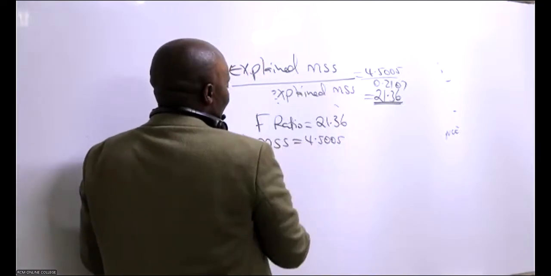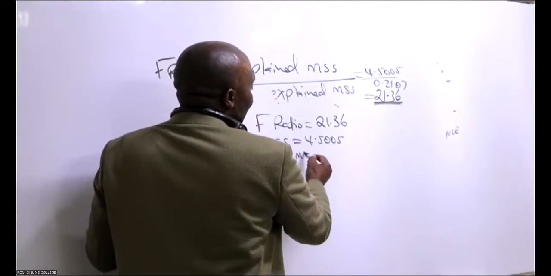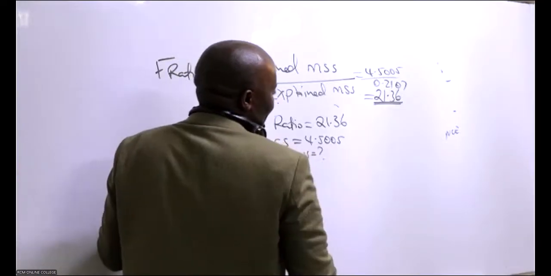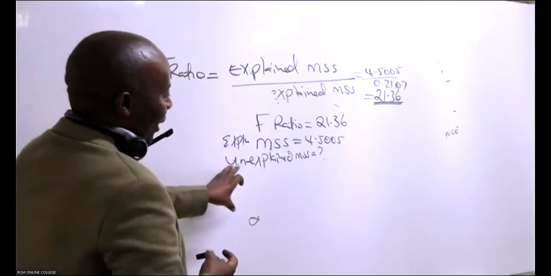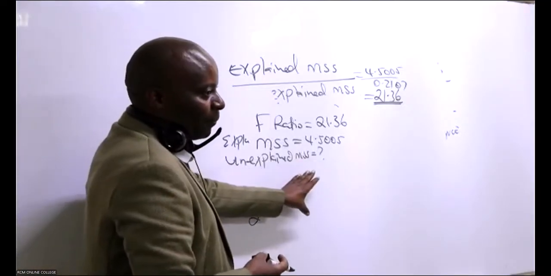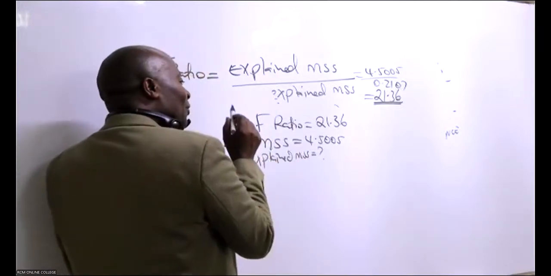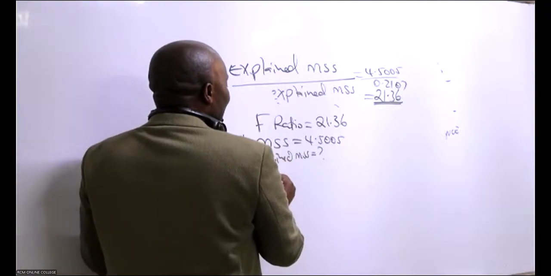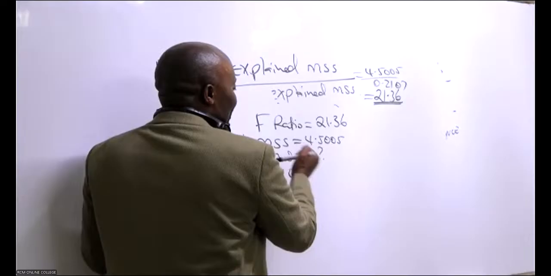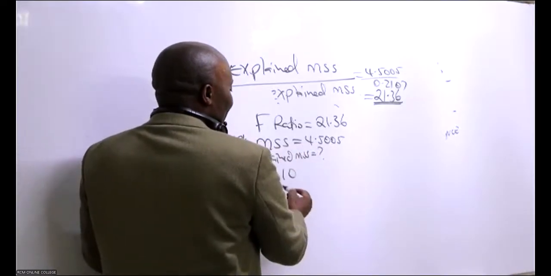And then, of course, he doesn't give you the unexplained, he misses this. So if he doesn't give you that, then you can play around with your numbers to get the unexplained, and you can as well work backwards. You'll see these examiners at times are very bright. They'll give you unexplained degrees of freedom, for example 10, and then give you some MSA.